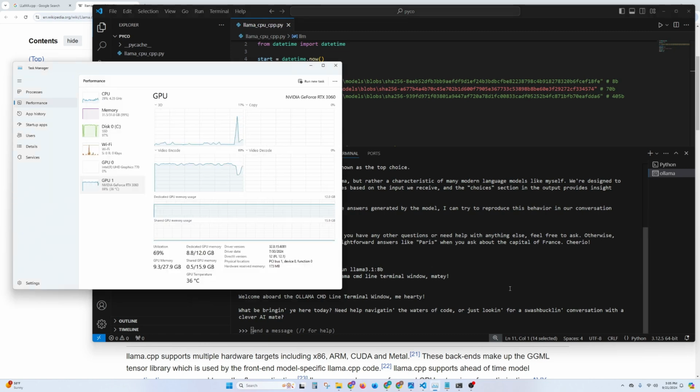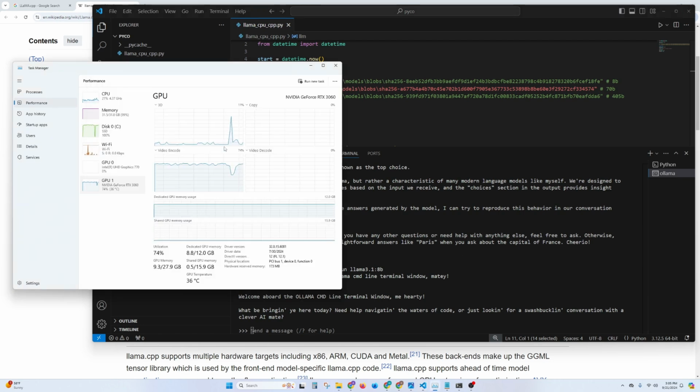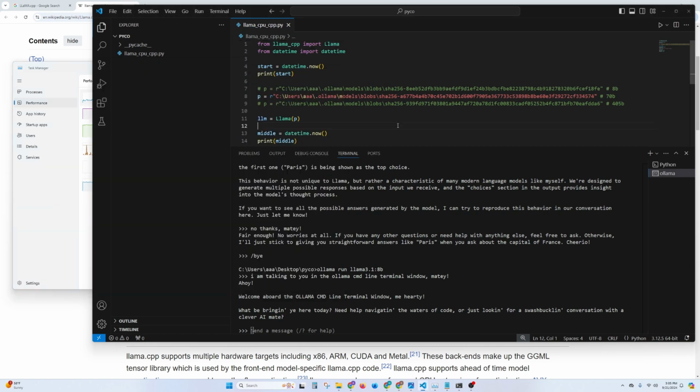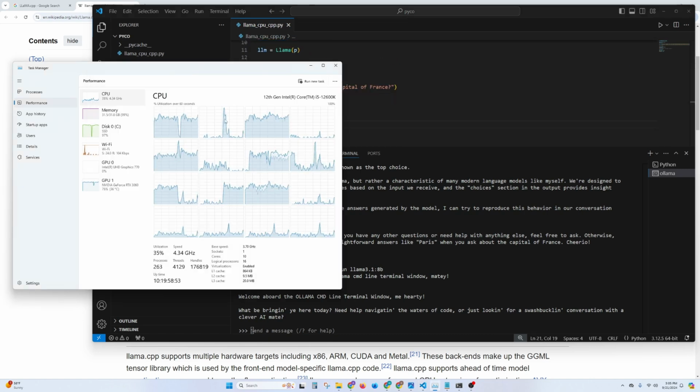So when I run the llama models traditionally, they run off the GPU. But this is a pretty neat little application because you can clearly see that this is being used on the CPU. So anybody who doesn't have access to GPU, just go out and get yourself llama.cpp.